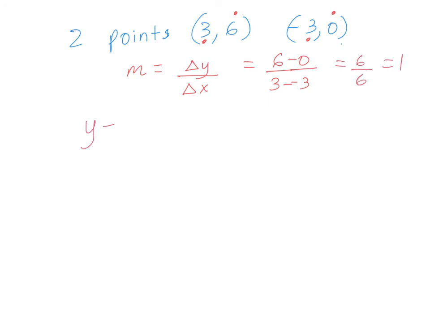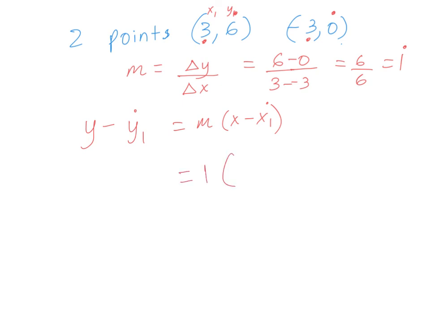Now I want to use y minus y1 is equal to m times x minus x1. So we can use any one of these as x1 and y1 and plug them here. Okay? We know the slope, we already know this, so we'll put that here.